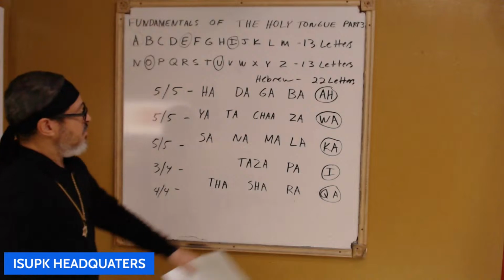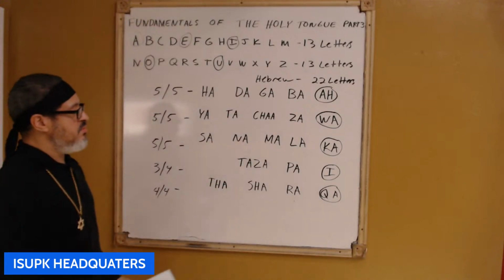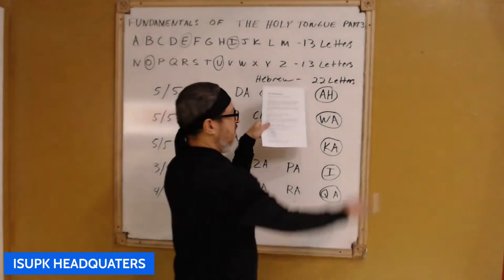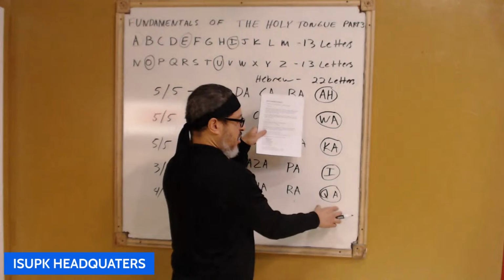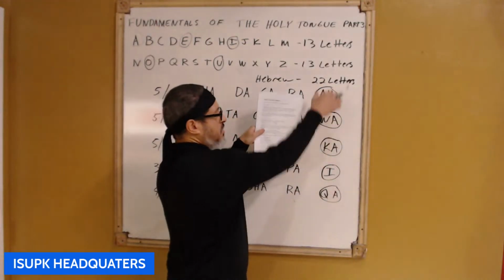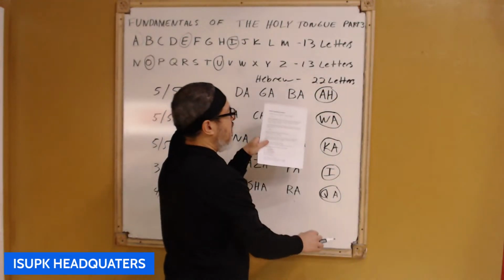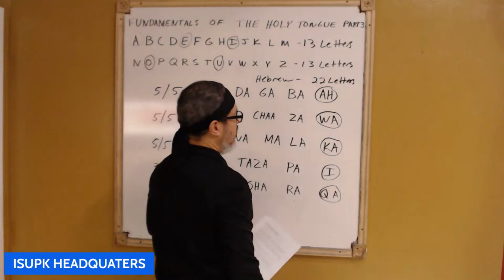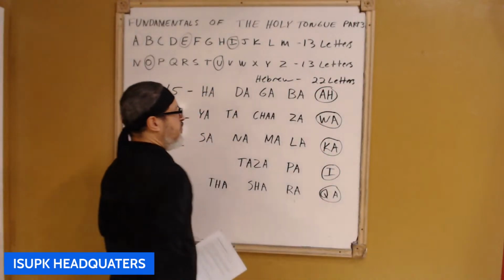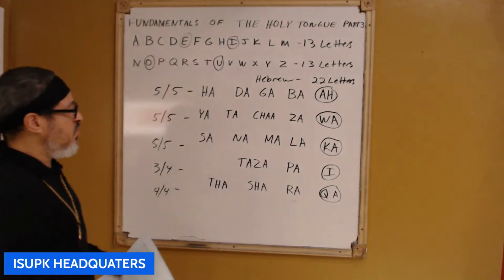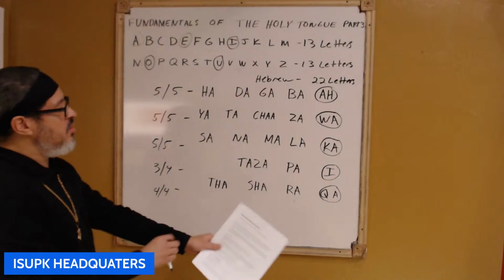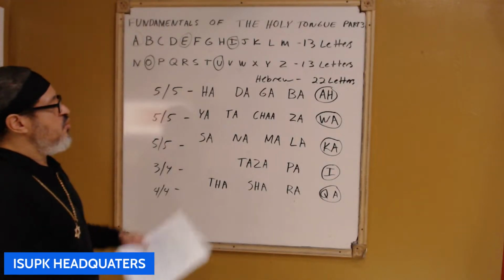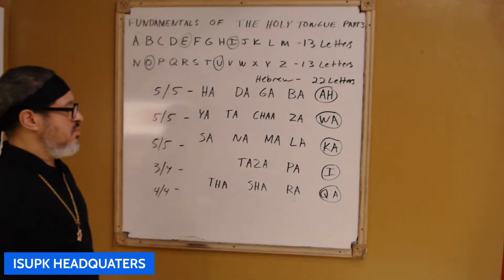So we got 22 letters total. I memorized it like this: a, wa, ka, I, qua. So I memorized 5 going down that way also. So it's just a starting point reference. There's many ways of doing it. Doesn't matter how you do it. It just matters that you do memorize the sounds.